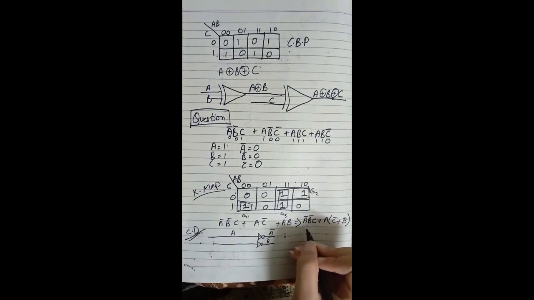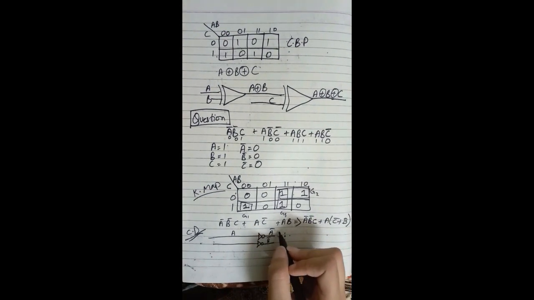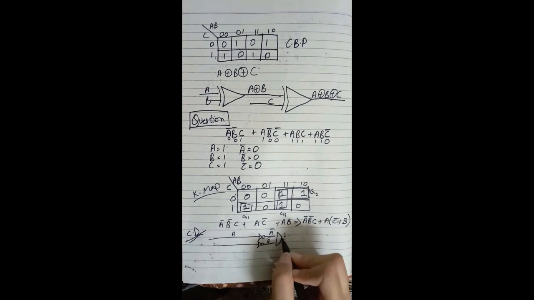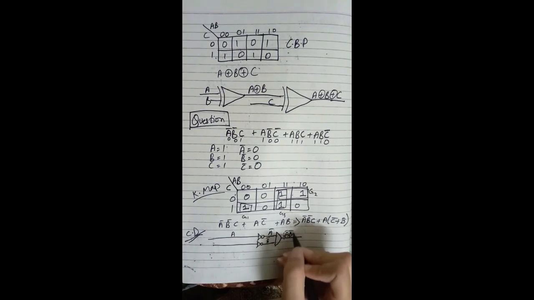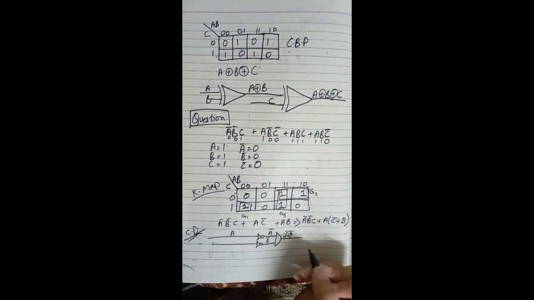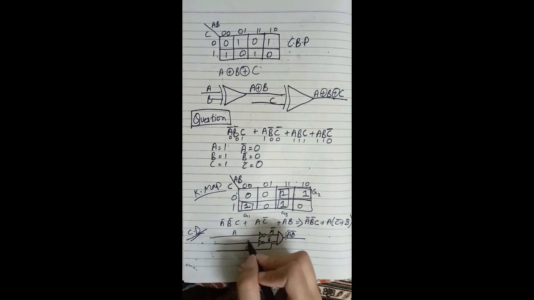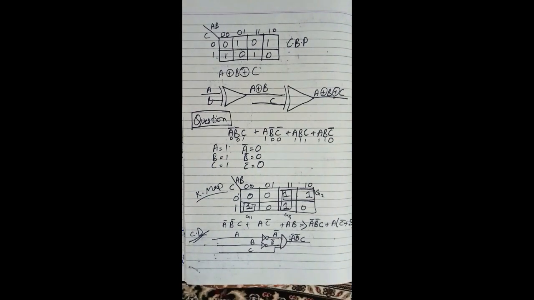And they are connected by the AND gate. A bar, B bar, and we have C with it also. So this C. A bar, B bar, C, they are connected with the AND gate.